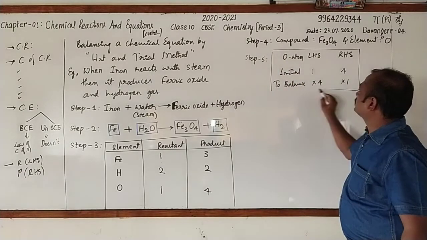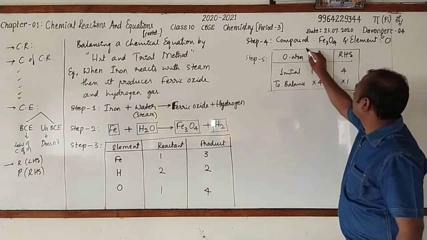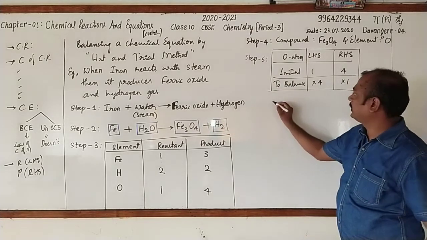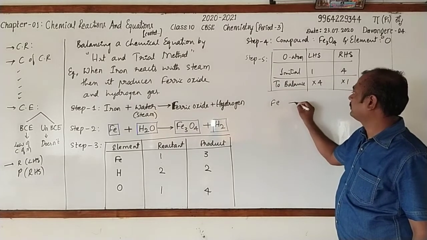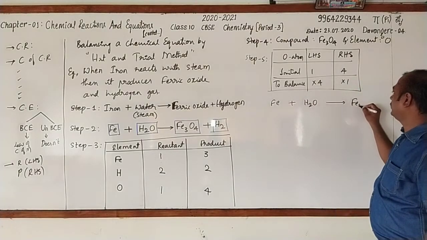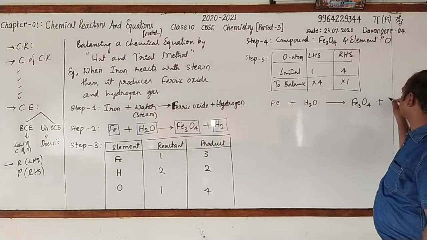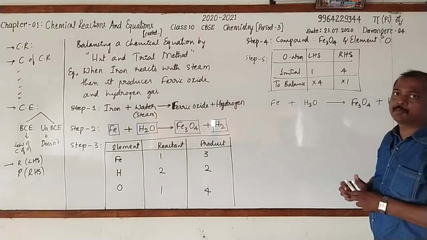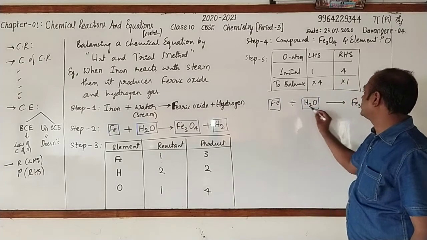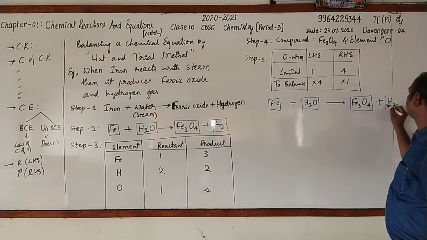Yes, let me draw the table. Observe here. I am going to write the same chemical equation. Fe plus H2O gives rise to Fe3O4 plus H2. Let me go for putting the box for all these reactants as well as products.